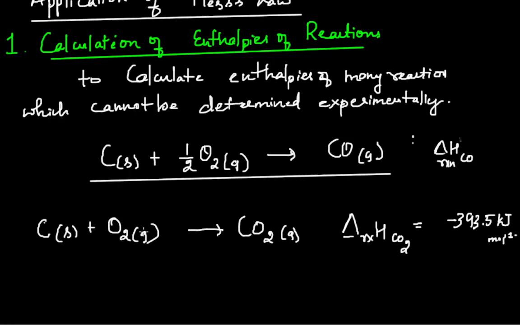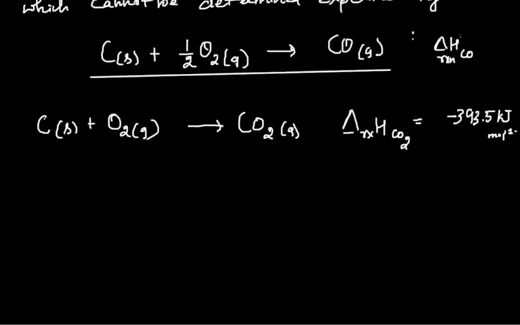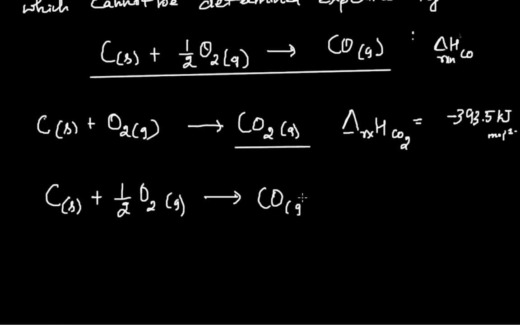Now, if I can synthesize carbon dioxide in two different steps, how different is it going to be? Carbon first reacts with half an oxygen molecule to give carbon monoxide.